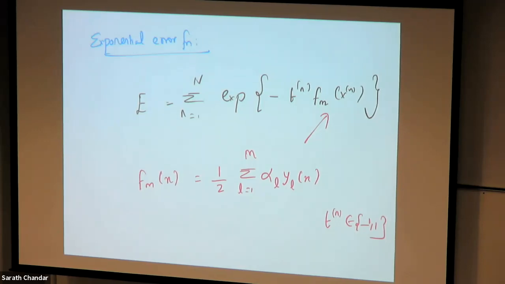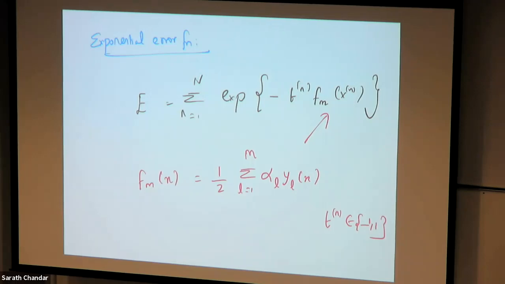Now, what is this exponential error function doing? Whenever your model makes the right prediction, what is your error going to be? If your model is making a right prediction, which means, as we have seen in the perceptron, t_n multiplied by f_m of x_n is going to be positive, right?